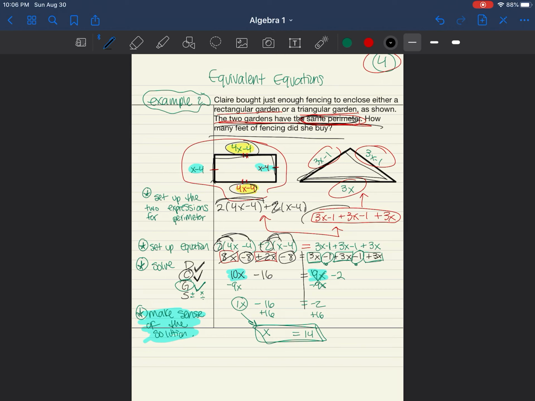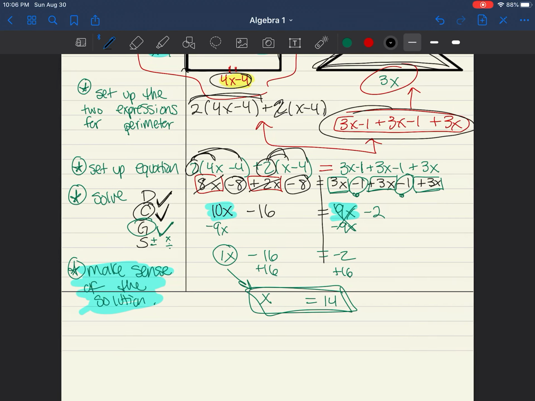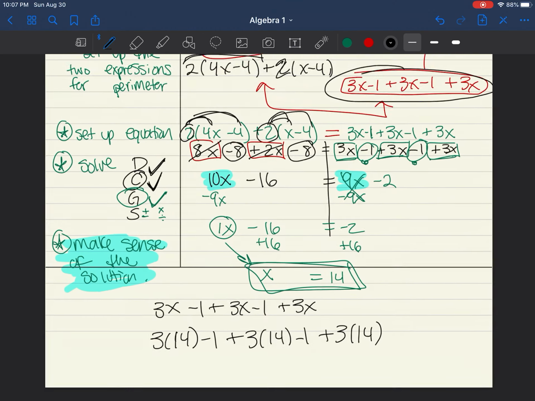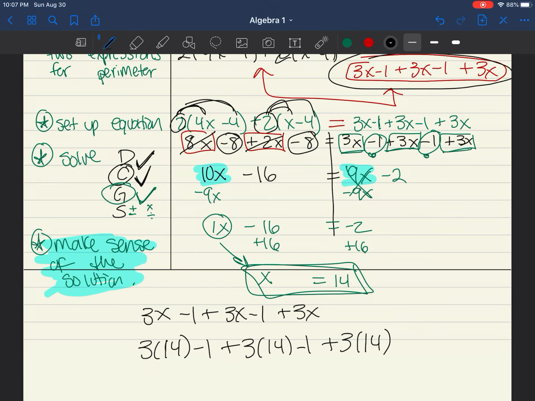My initial perimeter expression was 3x minus 1 plus 3x minus 1 plus 3x. So I can plug in 14 to all the x values. All right. So 3 times 14 is going to give us 42 minus 1 plus 42 minus 1 plus 42.